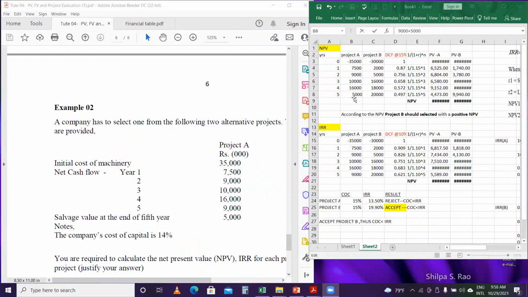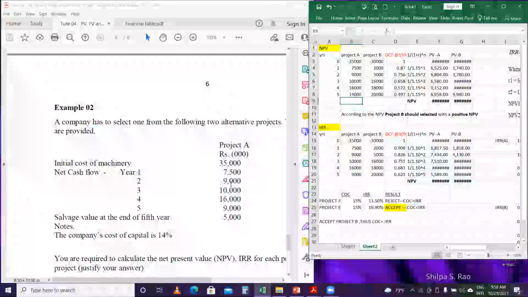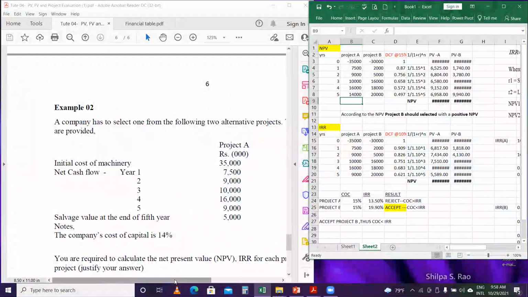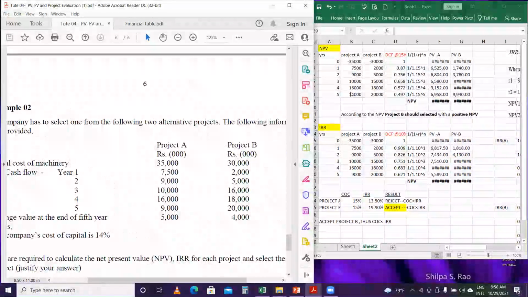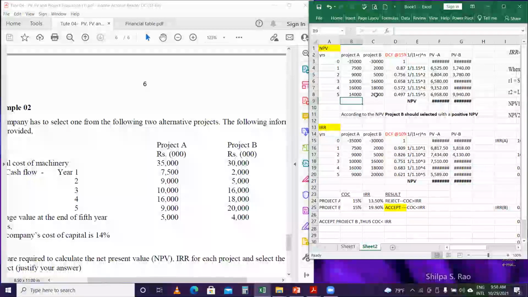So then the value would be 14,000 for project A because we have a salvage value here. For project B, again the same figures, but here the salvage value is 4,000. You have to add that value.